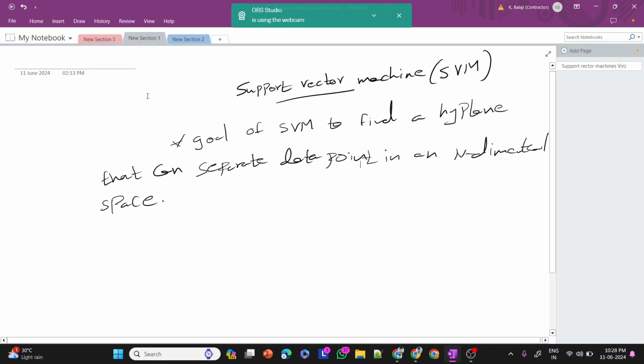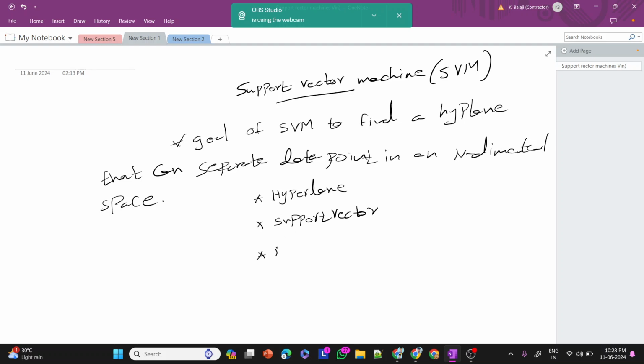In SVM, we need to understand a few concepts. First one is what is a hyperplane, next one is support vector, and other one is margin.